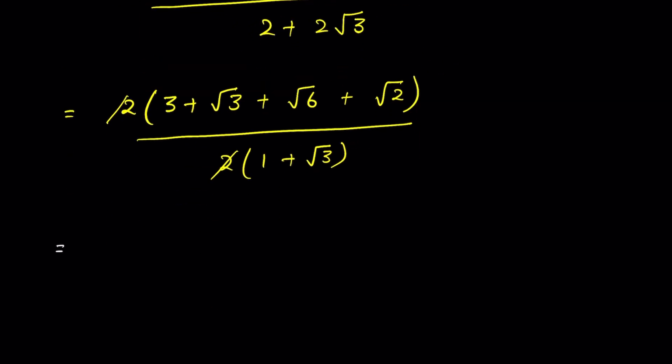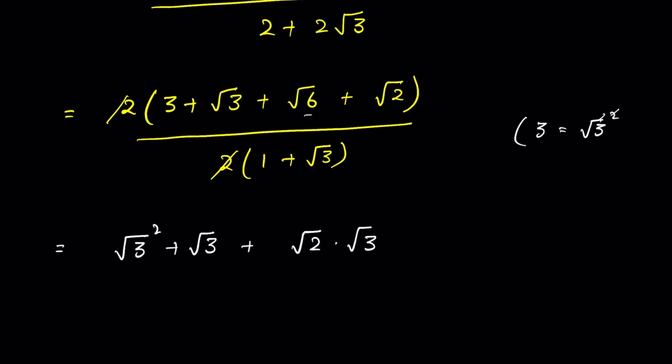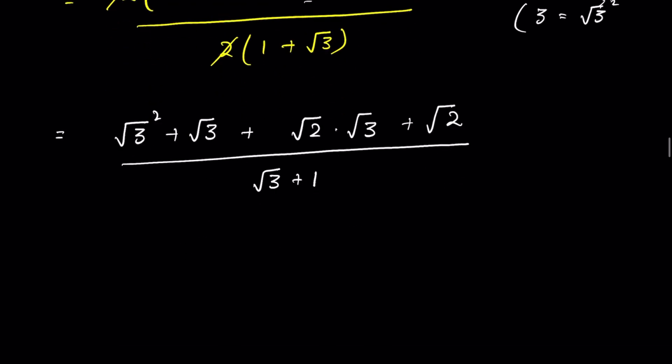Now 3 we can write as square root of 3 square, because square and square root get cancelled. So we can write here square root of 3 square plus square root of 3 plus square root of 2 times square root of 3, with square root of 6 as square root of 2 times square root of 3, plus square root of 2, upon 1 plus square root of 3, which we can write as square root of 3 plus 1.